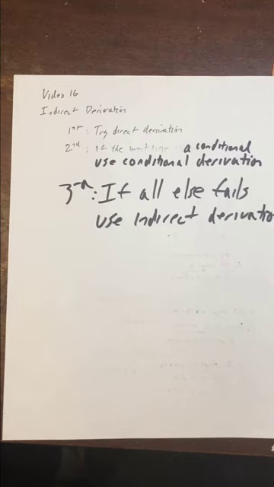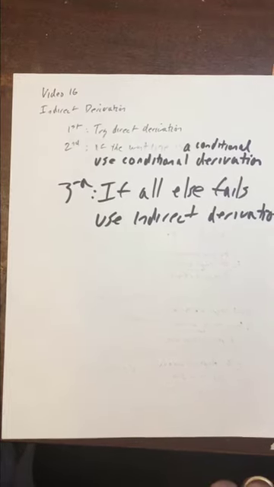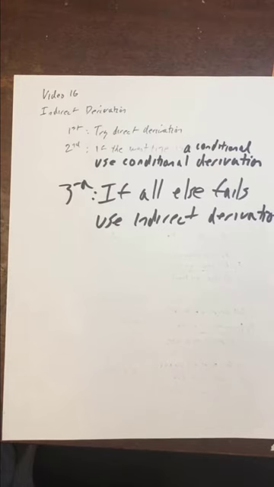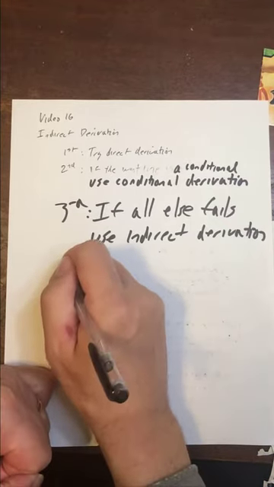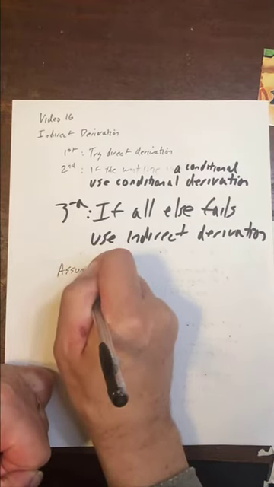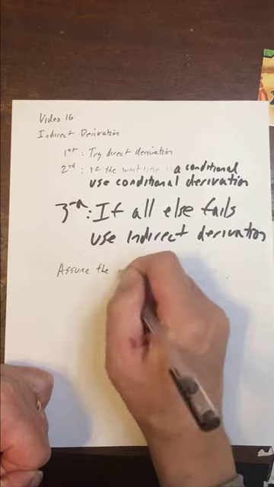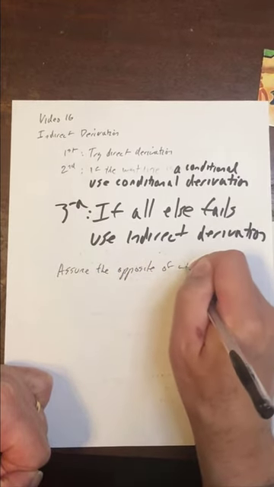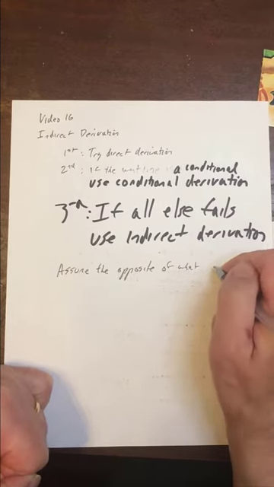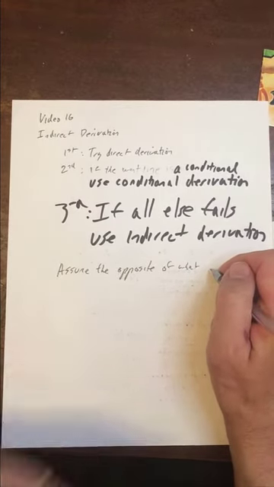Indirect derivation. So what is the deal with indirect derivation? Basically, the idea is that you're going to assume the opposite of what you are trying to prove. This is some weird jujitsu stuff, right?